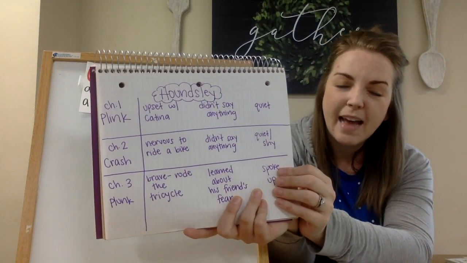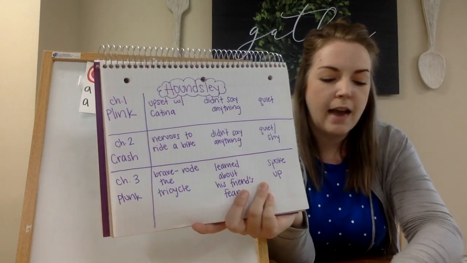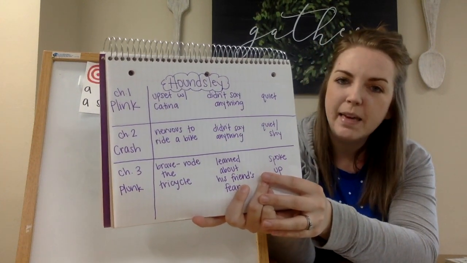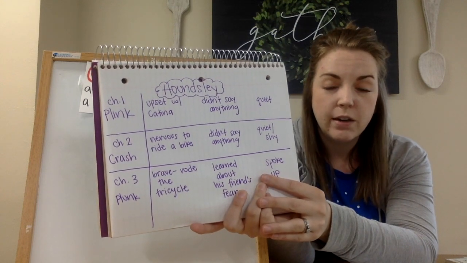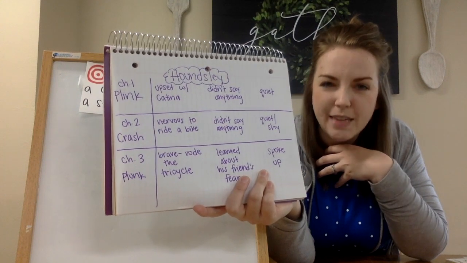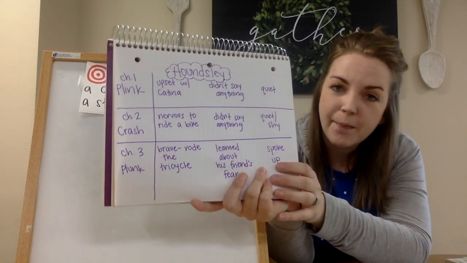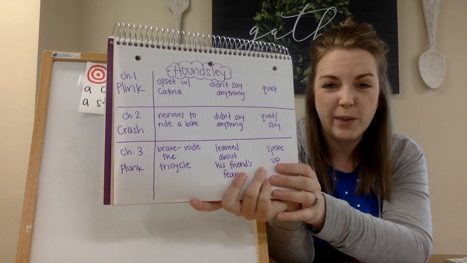I focused on Houndsley as I was reading, and I noticed some things that he said and did, and it got me thinking about character traits. Remember that character traits are ways that we can describe a character on the inside, like their personality. You might decide to stop and jot about Katina and some of her character traits. Well, here's what I found.